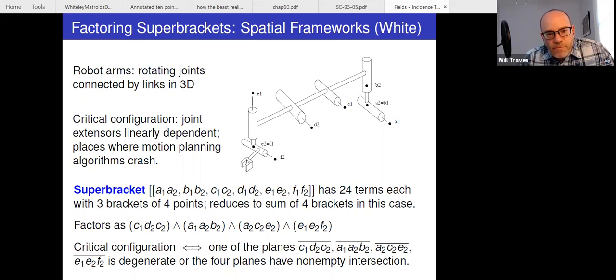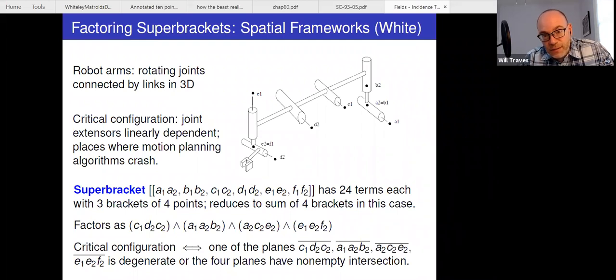And what he observes is that these motion planning algorithms run into problems when the arm is in what's called a critical configuration, when the joints, when they're extensors. So I should say you've got these points, 2 points in 3 space, and you could take their wedge product and get a point in the wedge product of 3 space, which is, if you view 3 space as P3, then you get 2 points.